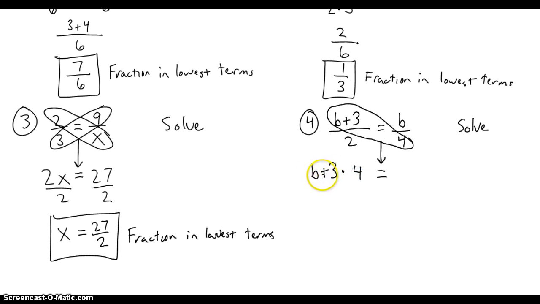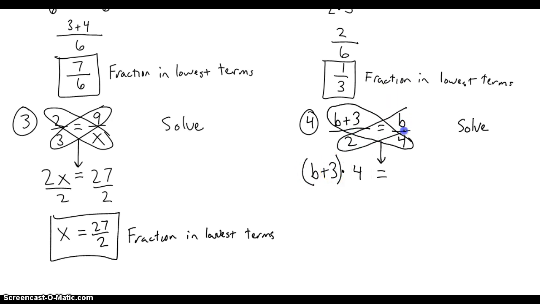Now when I take b plus 3 times 4, I'm taking 4 times this entire numerator. Notice that my fraction bar goes all the way across. So when I take this entire numerator times 4, I need to put b plus 3 in a grouping symbol. I need to put it in parentheses because I want to make sure that this 4 goes all the way to the b and to the 3.